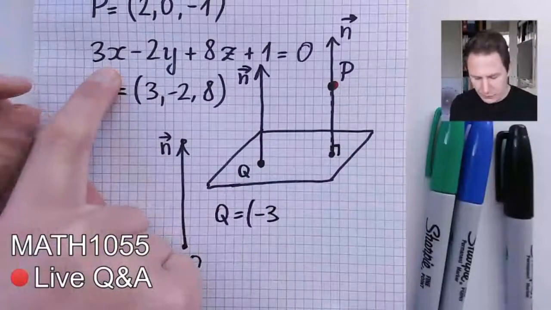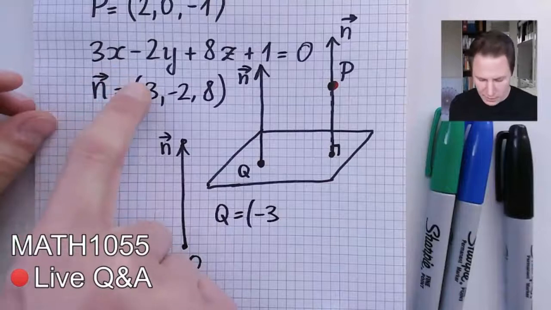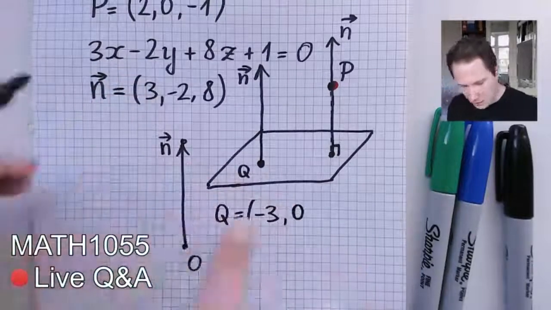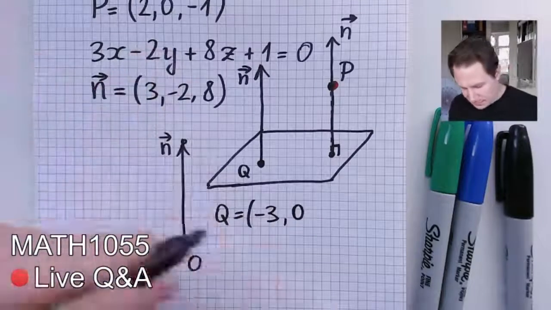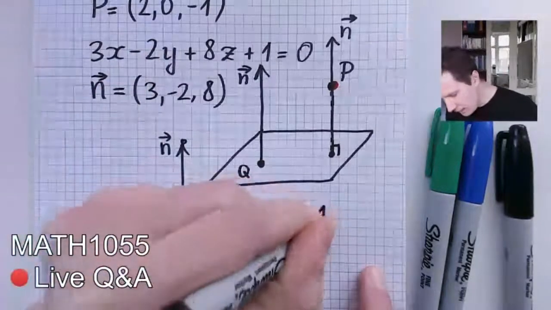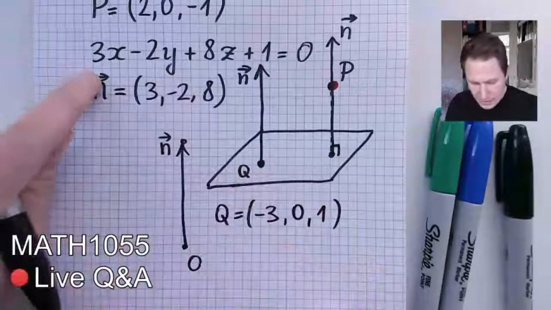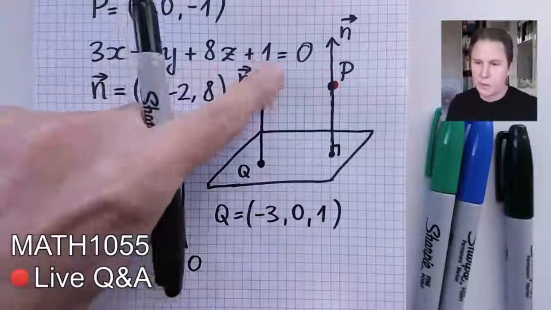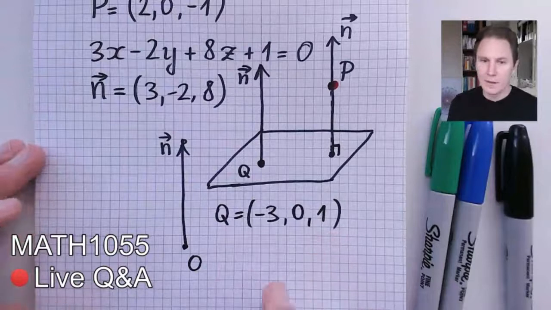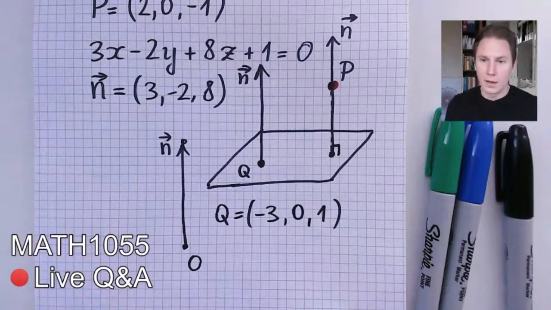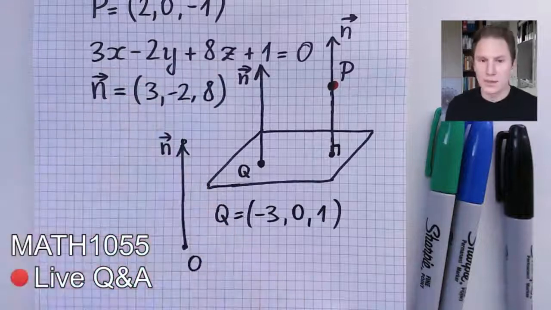Then I have -9 in the first term. I would take y to be 0, so this term can be omitted. And if I take z to be 1, then I have -9 + 8 + 1 = 0. Okay, so finding a point on the plane is very easy. You just choose some values for x and y, and you solve for z.